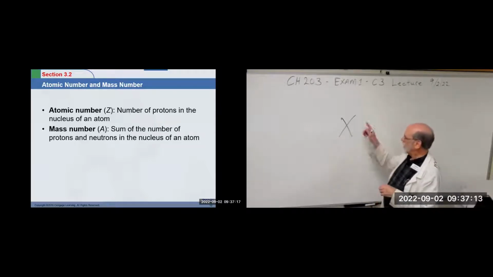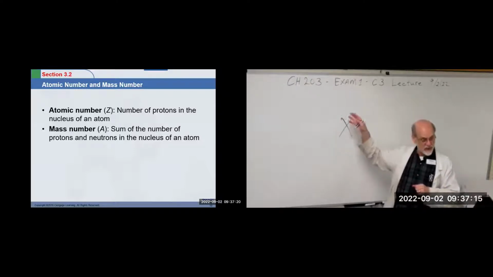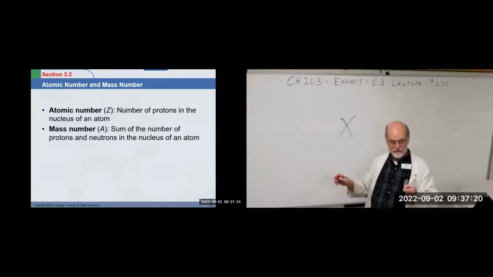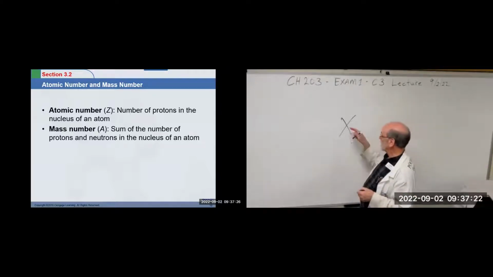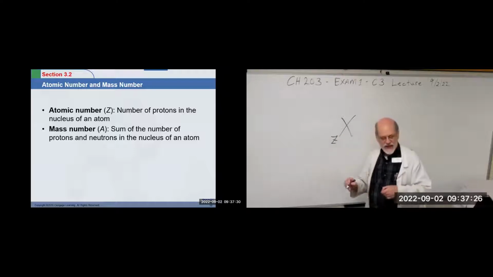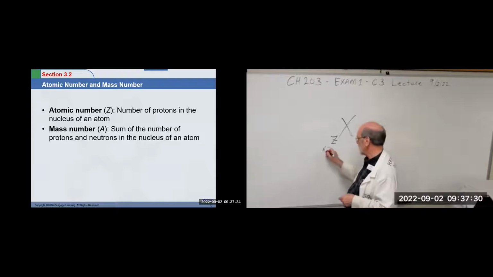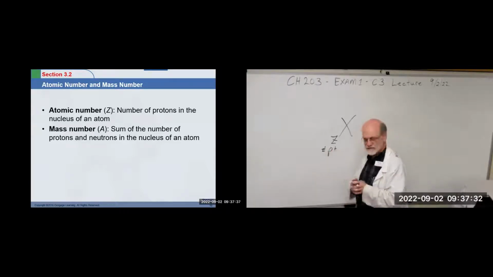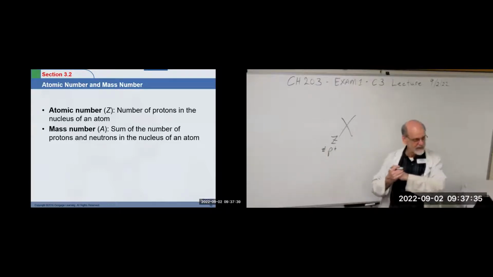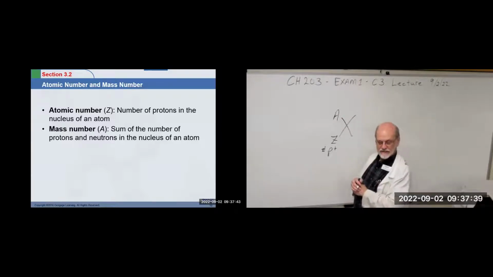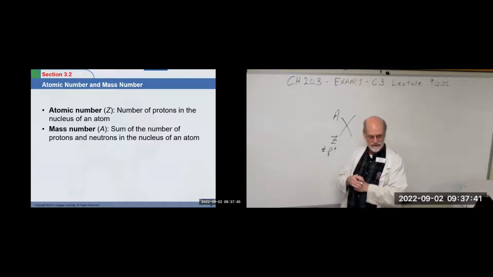just 1 X, there are 4 positions around this symbol that are reserved for specific information. Okay. The Z position here, that's the atomic number. And that's equal to the number of protons. Okay. This position is reserved for A. That's the mass number.